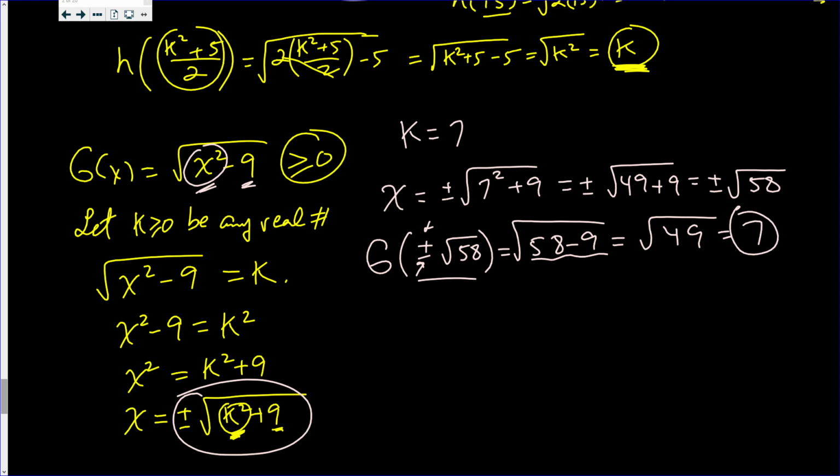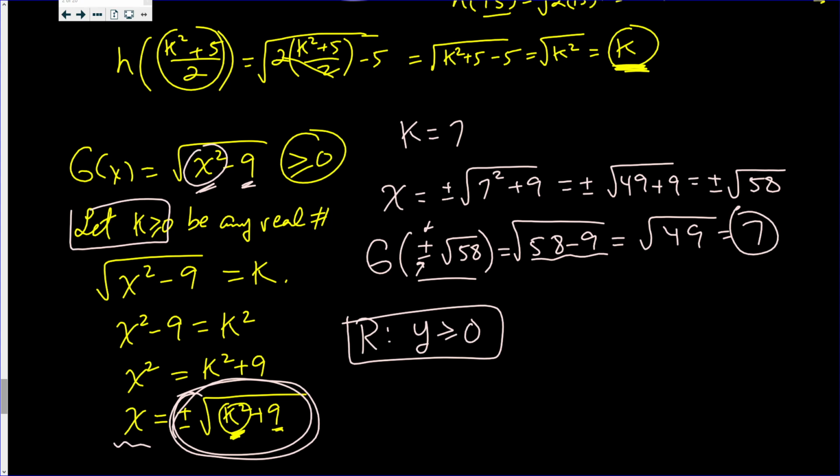Okay, so here, since there's no restriction on k, or I should say x is defined for all k, but k is at least 0. The range will be y is, or g of x is, at least 0.